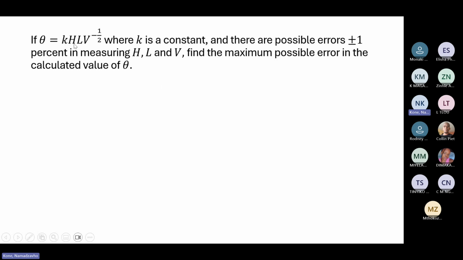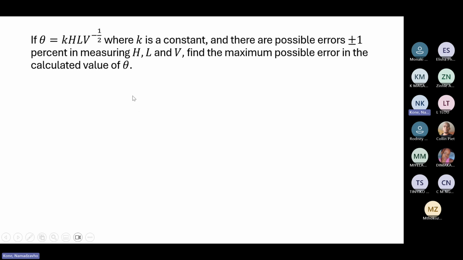Sometimes you may have only two variables. Then it means that it's only those two variables that you are supposed to derive and put together a formula that gives you the change in theta as opposed to the two variables that are given. Sometimes there can be four variables. Then it means that you will have small errors on four different things. Here we've got three, so we'll be adding three different errors.